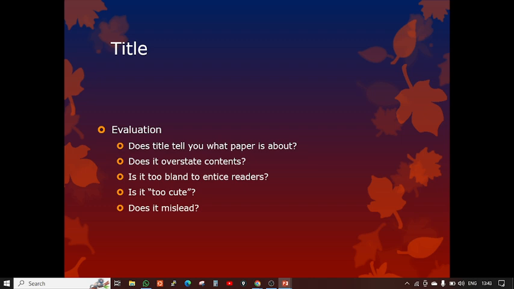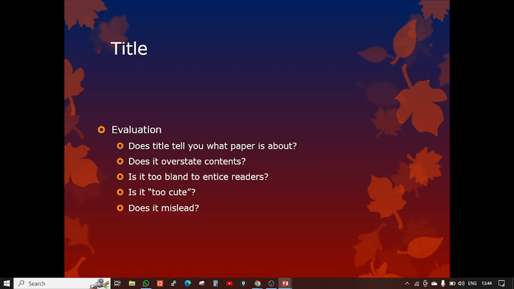So whenever you have written your title, re-evaluate it: does it tell the paper's content in the correct form or not, or does it overstate the contents? Sometimes we repeatedly use some things that might not describe the whole content of your research paper.